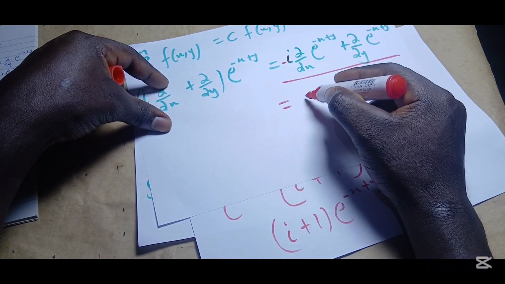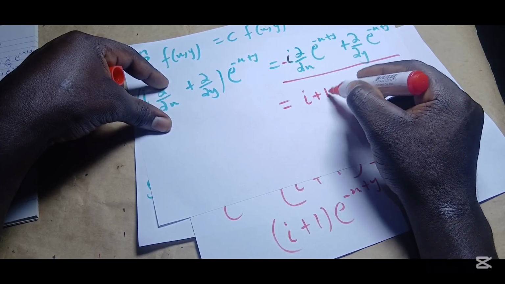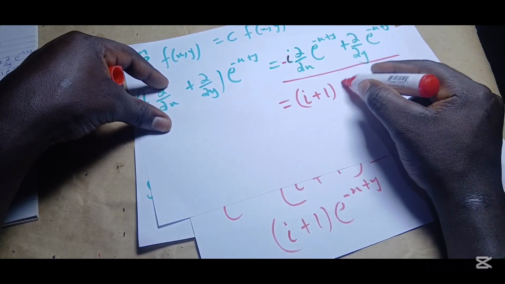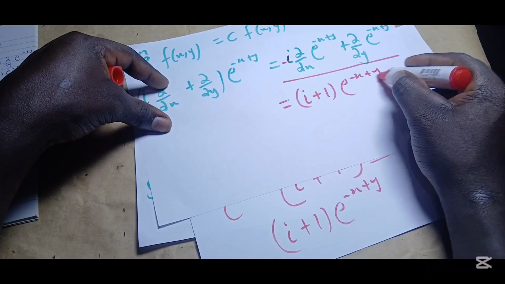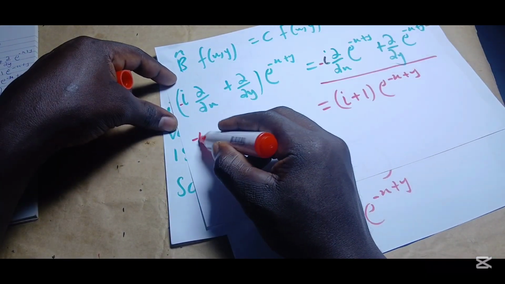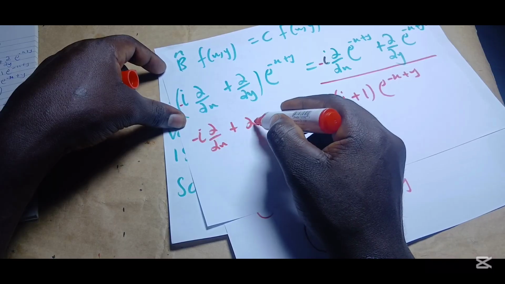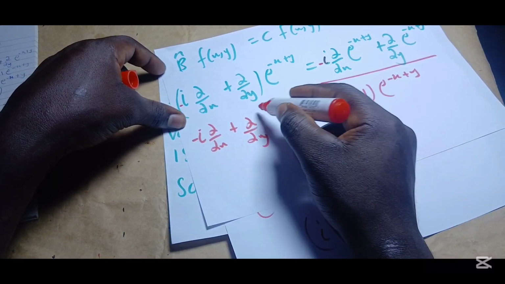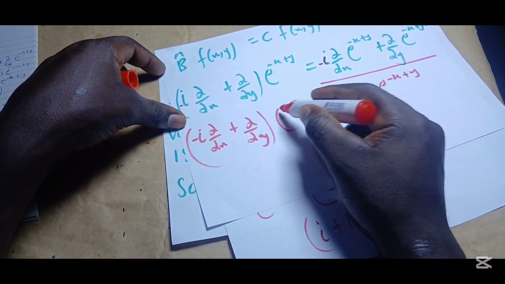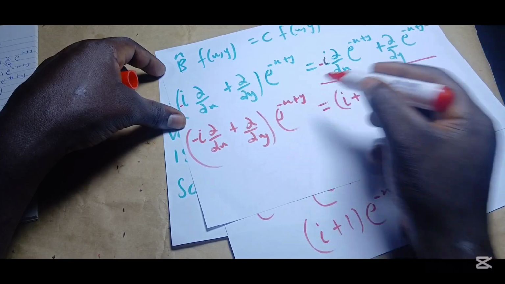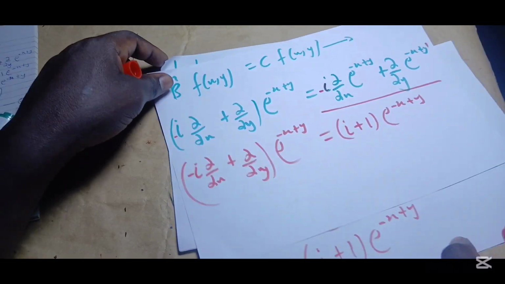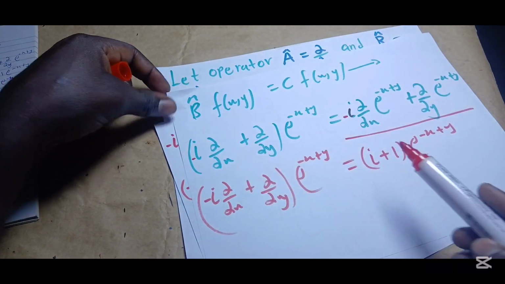So this could equal minus i plus 1, then e to the power minus x plus y equals minus i d/dx plus d/dy multiplying e to the power minus x plus y. So now let's compare and see whether the function is an eigenfunction.